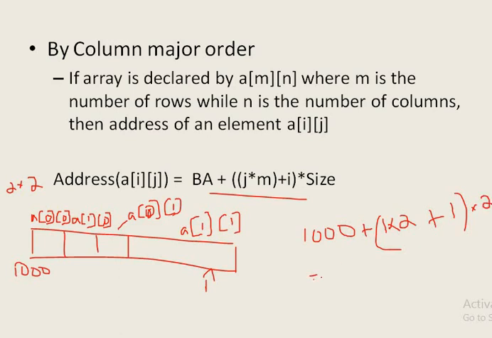Then it will produce the result as 1000 plus 2 into 1, 2 plus 1, 3, 3 into 2, that is 6, so 1006. So here you get the address as 1006. So at the memory location 1006, you can store the value A of 1, 1, or the fourth element in the array according to column major order.